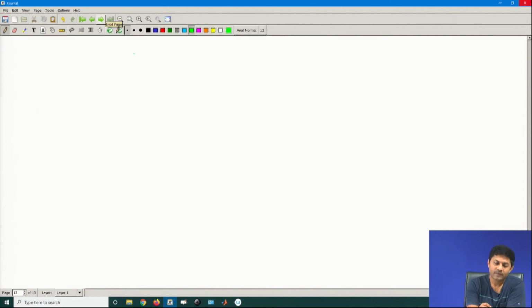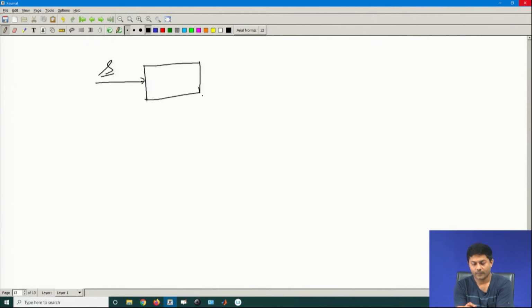Which means that instead of sending my data vector directly, I send it through some sort of a precoder. Let us call it W baseband, because that is the notation we have used.